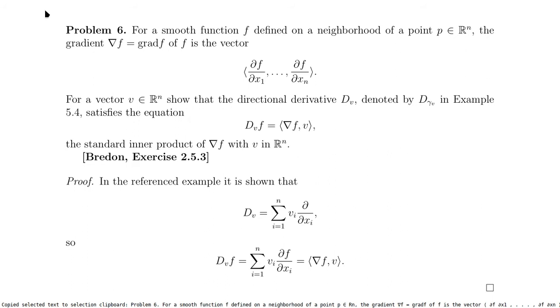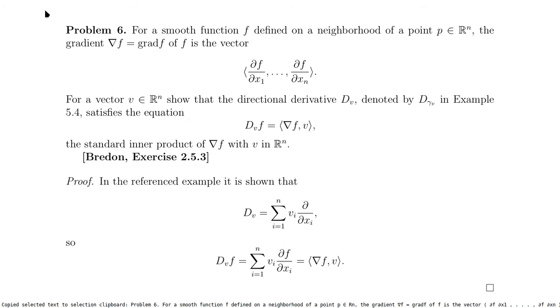you have a smooth function f defined in a neighborhood of a point, and you define the gradient to be the vector with all the partial derivatives, the usual way gradient works.